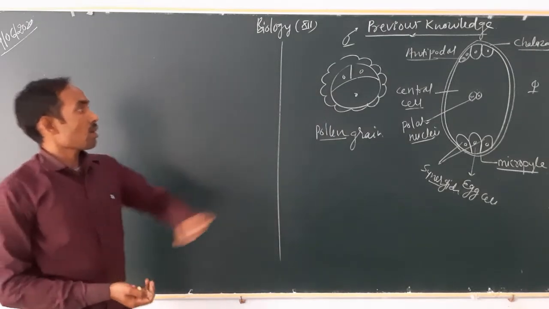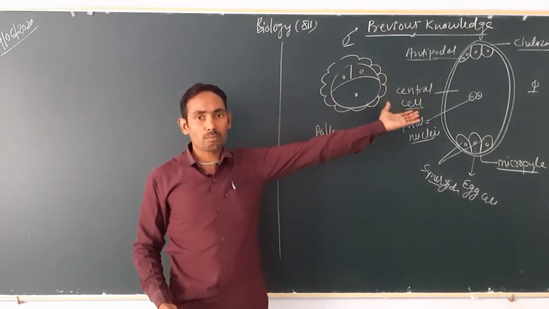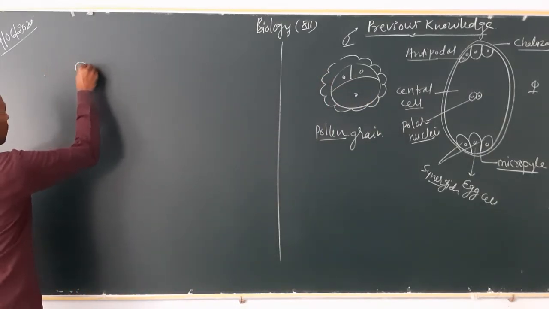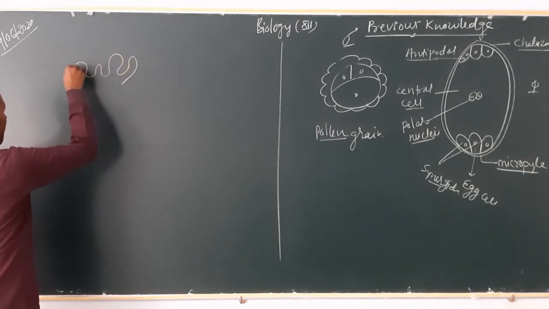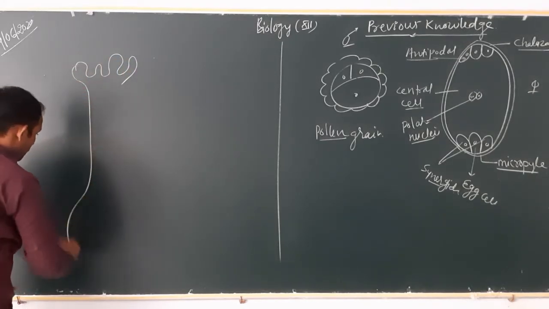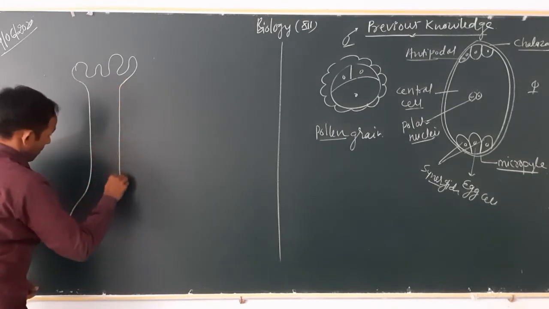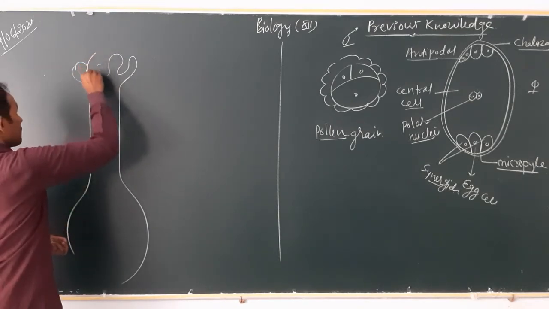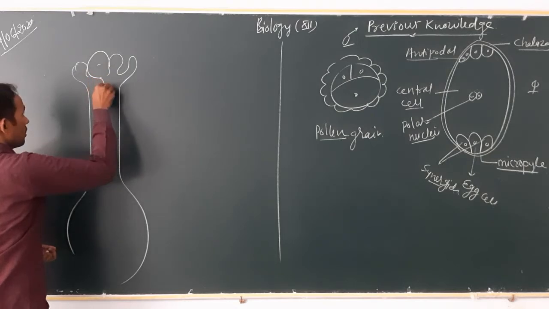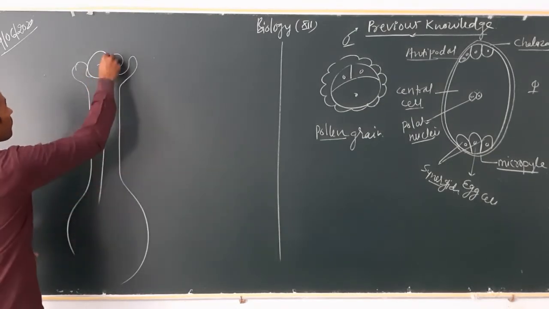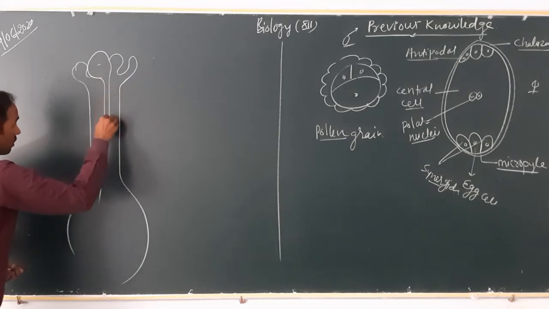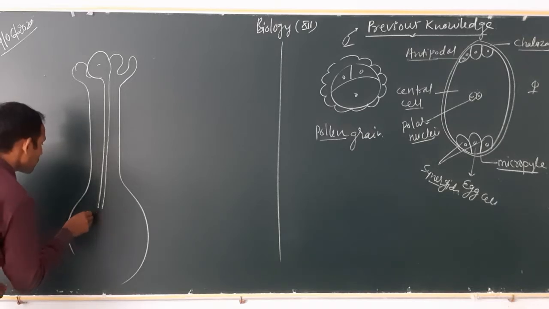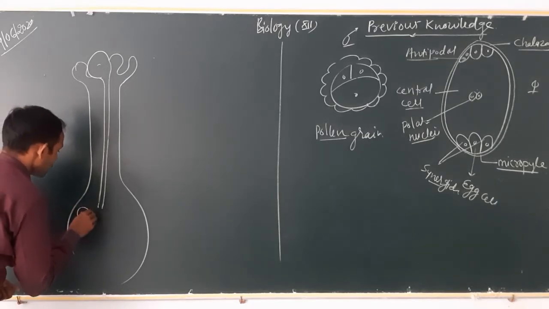Today we are going to see how this male gamete fuses with the female gamete inside the ovary. So the stigma and all that we drew in the previous video also. Suppose this is a pollen grain, it was germinated, and through the pollen tube both the nuclei of the pollen were reaching the ovule.